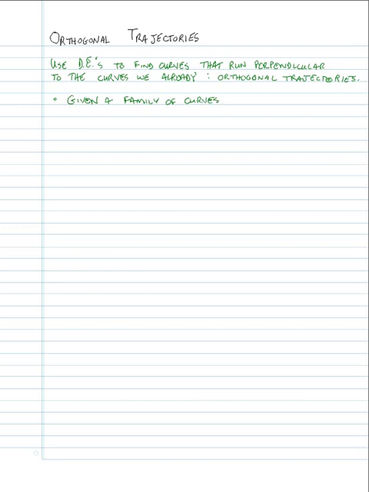Now, what's meant by a family of curves? For instance, y is equal to x squared plus an arbitrary constant c. And so the idea is for every particular constant, we have a particular curve. As an example, if c were equal to 0, then we would be talking about the curve y equals x squared.